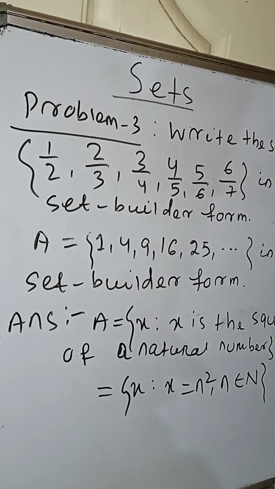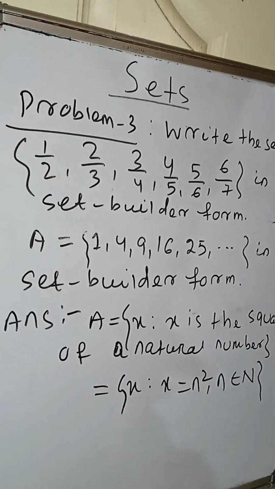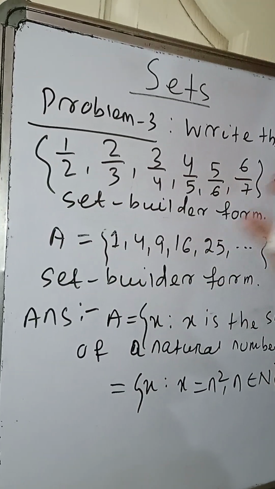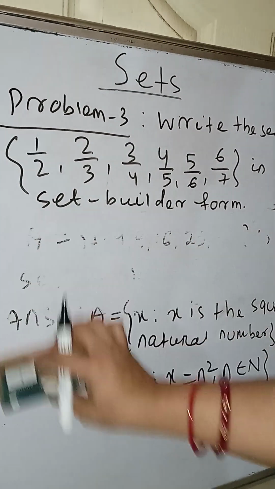You know, in set builder form what you have to do? You have to find a common property for the elements of the set. So what is the common property here? Try to find.